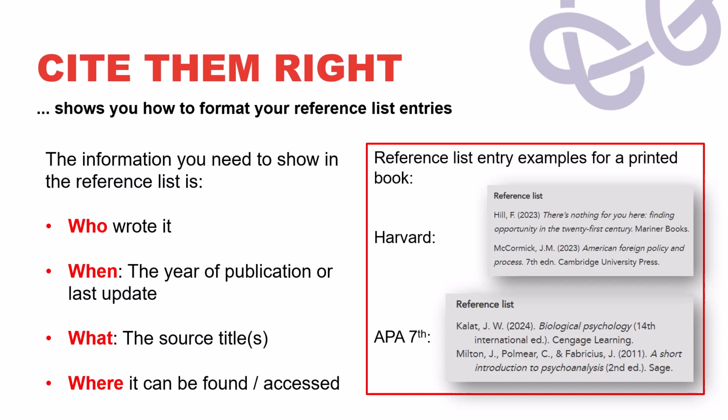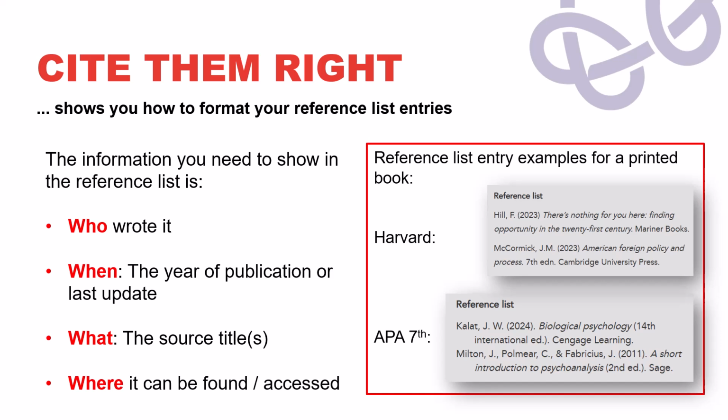We've then got when it was published in round brackets. We've got the source title, the book title in this case, in italics, followed by the issue information if it's available, and then where it can be found, where it's been published, the publisher name.